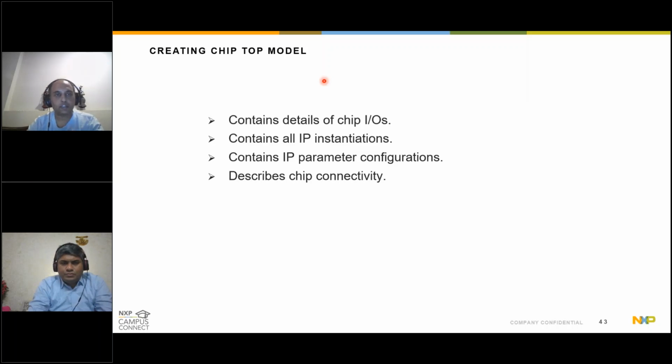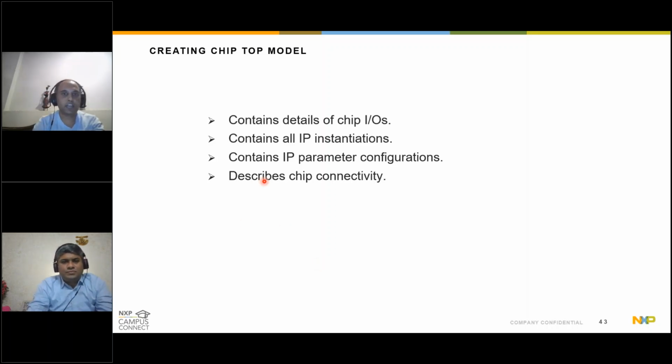So what else is needed to build the chip top RTL model? Let's say now you have a bunch of IPs available with you, representing the generic reusable functions. Other than that, each chip will have its own way to interact with the external world, right? One chip may have an Ethernet interface, another may have a USB interface or SD card interface, and similarly there could be some analog interfaces going outside the chip.